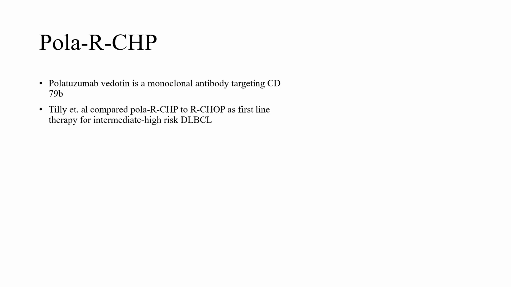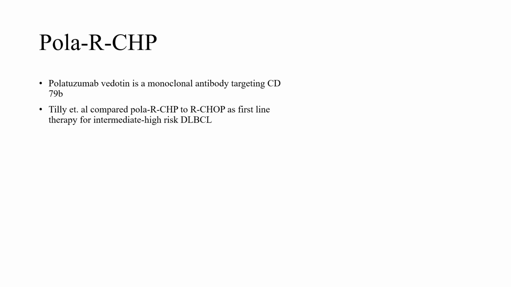Pola-R-CHP. Let's talk a little bit about Pola-R-CHP. Polatuzumab vedotin is a monoclonal antibody targeting CD79B, and Tilly and colleagues compared Pola-R-CHP to R-CHOP as first-line therapy for intermediate to high-risk DLBCL. This was an international phase 3 randomized double-blind trial, which included patients with an IPI of 2 to 5.